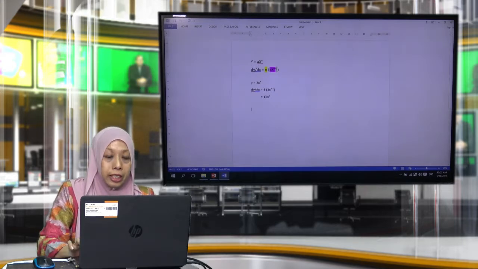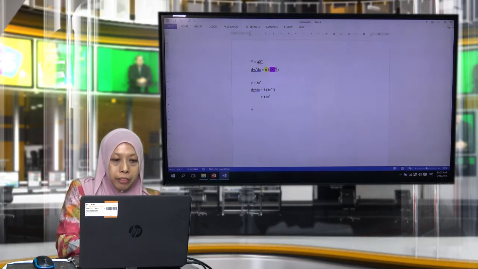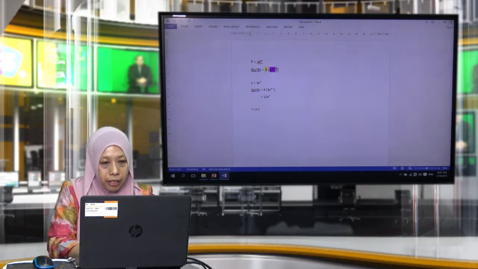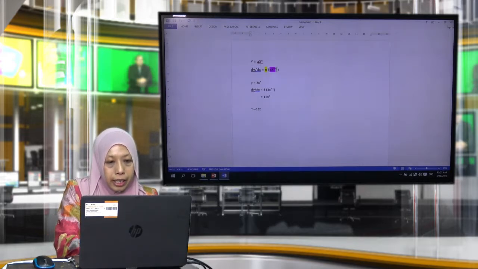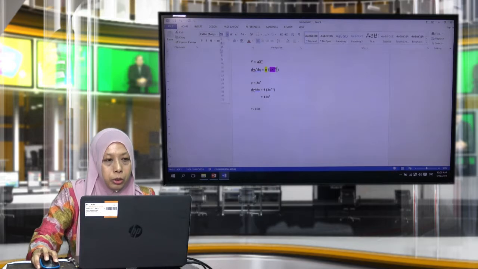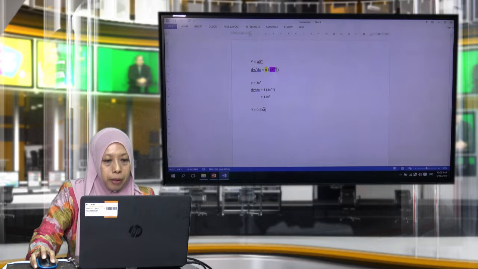Would you like to try another one? Let's say we have y equals 0.5x to the power of 3. How do we differentiate this using the power function rule?